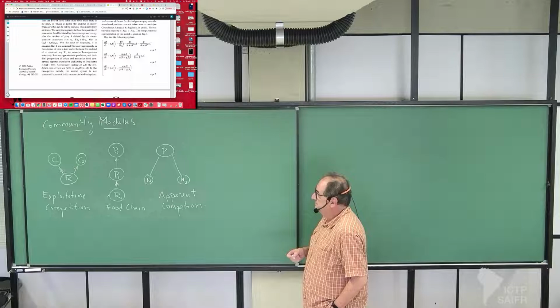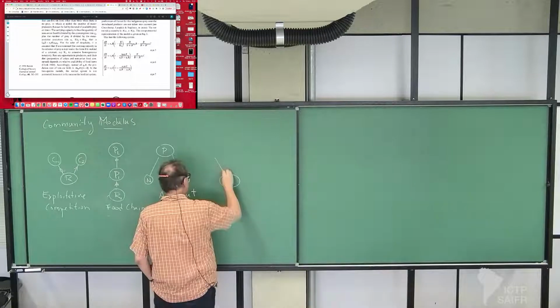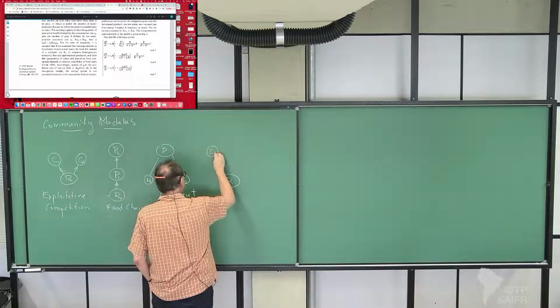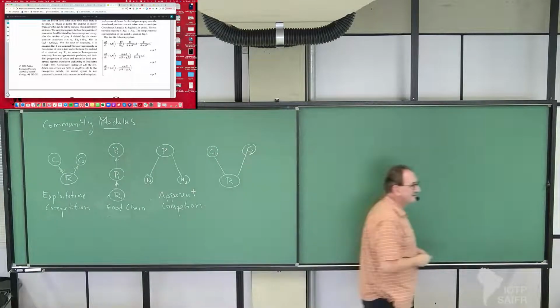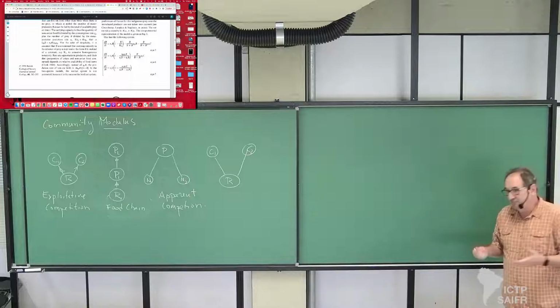Then there's another one which I already mentioned, where you have a resource, a consumer 1, and a consumer 2. We know already the outcome of this model is the exclusion of one of them.